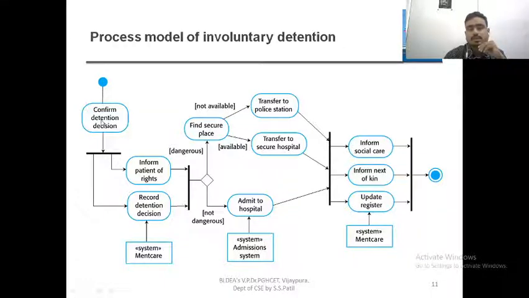If the patient is dangerous and you do not get a secure place, then you have to transport to some other secure place, that is the police station. So this is nothing but the UML activity diagram, where we check how things are carried out.